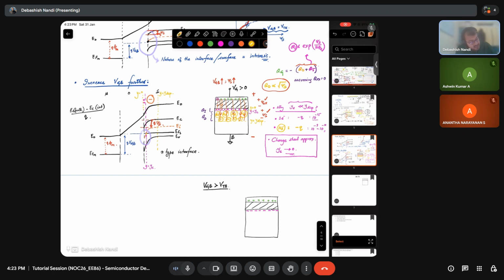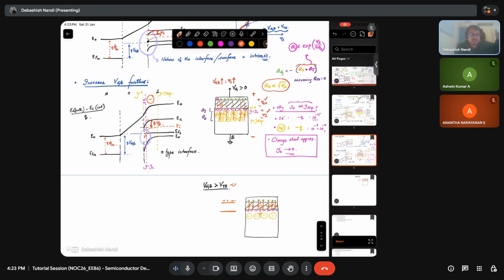There will of course be depletion charges, but you will see that all your field lines are getting terminated at these magenta inversion charges, right? So this is almost like a parallel plate capacitor. There will be very few lines that will cross, because the order of magnitude is huge beyond this voltage.